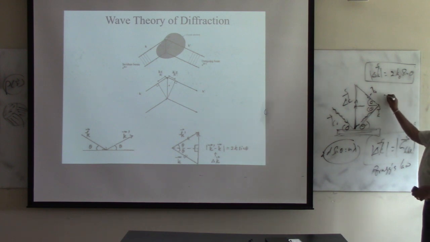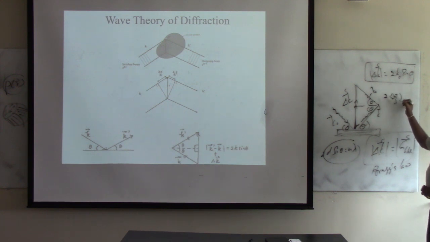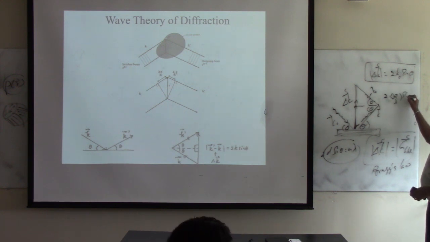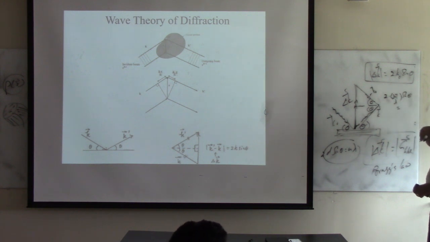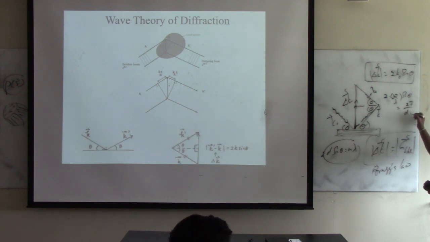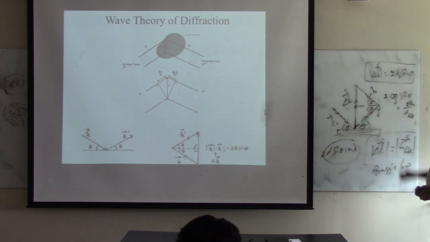Delta k is 2k0 sine theta, right? K is what? 2 pi over lambda, right? Times sine theta equals, if I write G, G is what? G is typically 2 pi over d_HKL. What do you get here? 2 pi cancel.